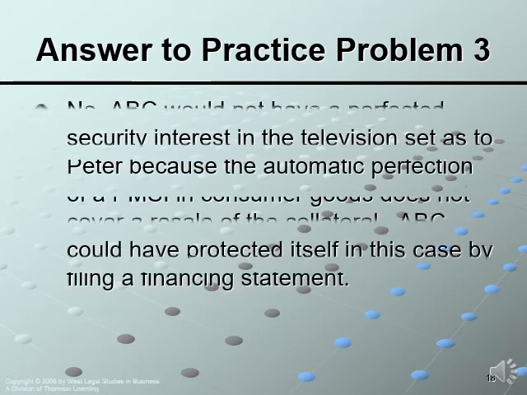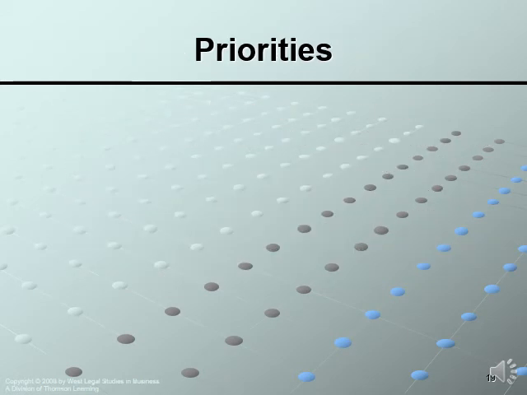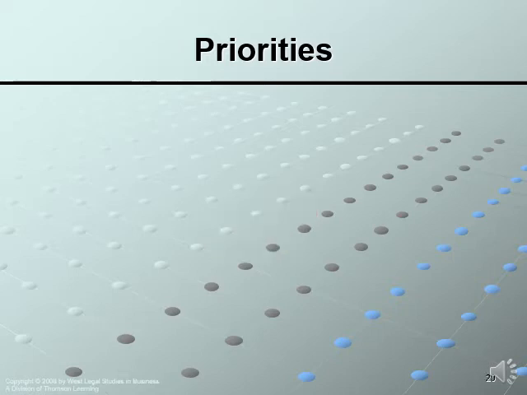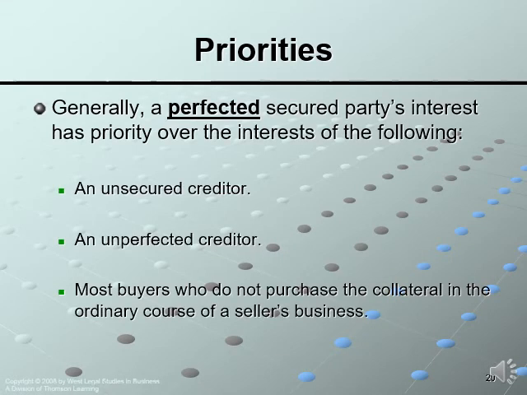So that's the answer there. Now, the priorities deal with who gets the collateral, who has the greater interest in the collateral when there's a fight over the collateral. So if you have, for example, a secured creditor, perfected secured would prevail over just a secured creditor.